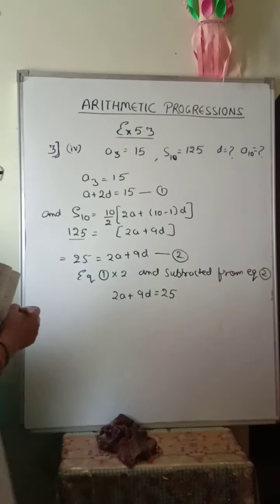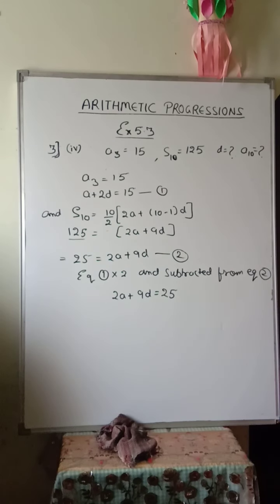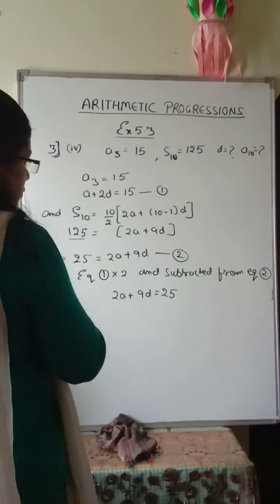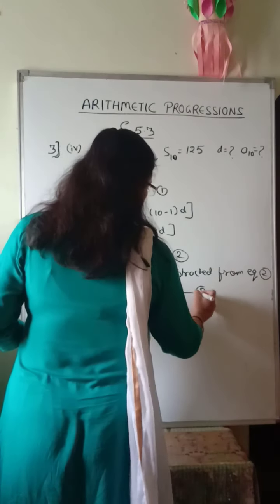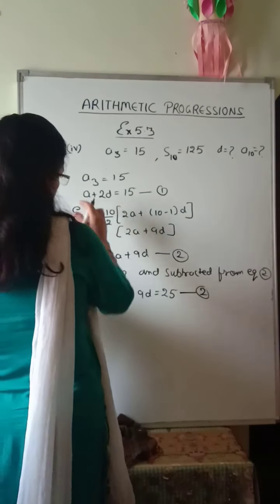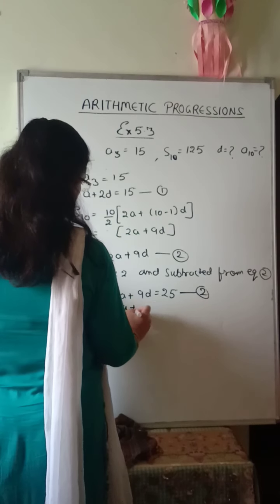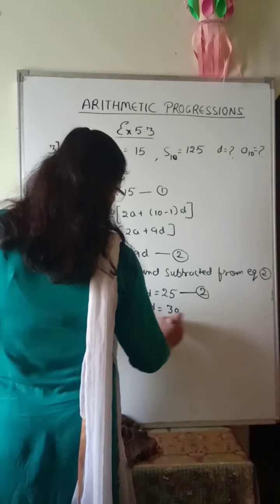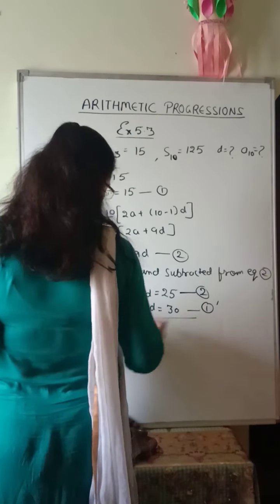This is your second equation. Now we will multiply equation 1 by 2, so it will become 2A plus 4D equals 30. Let me call this equation number 1 dash.